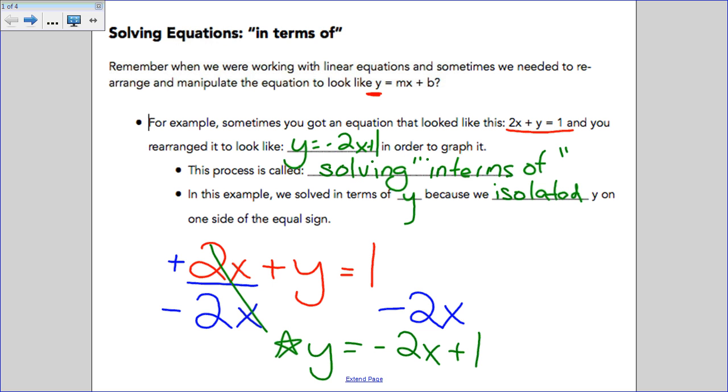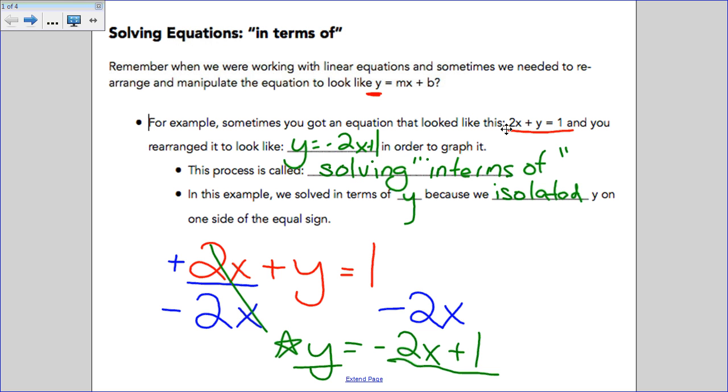We have it here so that y equals everything else in our equation. So when you hear that phrase "in terms of," know that it is alone on one side of the equal sign. So these are just multi-step equations, right?